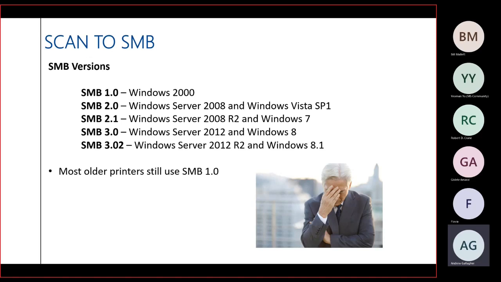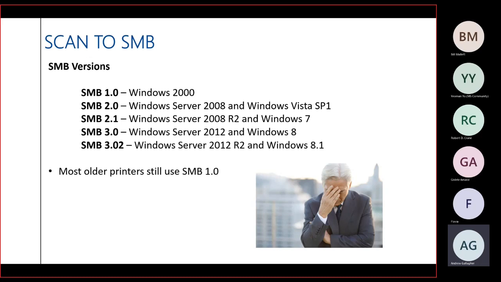As you can see on the graphic that I've got up there, there's quite a few different SMB protocols that have been released by Microsoft over the years. The SMB 1 goes back to Windows 2000. Now, in a security sense, that's a bad thing.